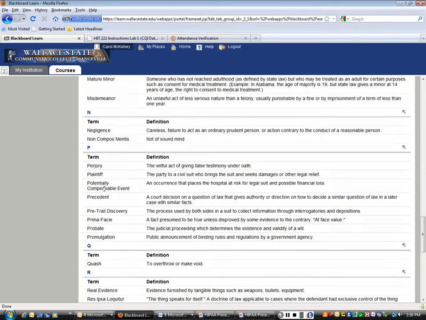To overthrow is to quash, and we'll see that commonly when we're dealing with subpoenas. So the attorney had that subpoena, was successful in having that subpoena quashed.